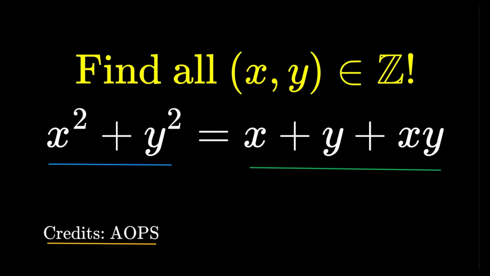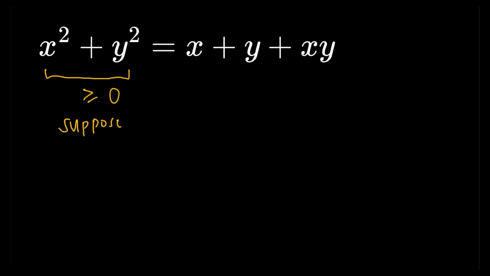So what I decided to do is try to check all the possible cases. Now, because the left-hand side is greater than or equal to 0, I'm going to take the cases. In the first case, let's just suppose both x and y are negative.